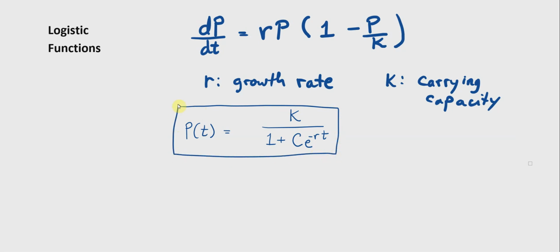There are a few important features here. If we take the limit as t approaches infinity, this part right here would go down to 0 or almost 0, and what we would get is K. So what does this mean graphically? Graphically it would look somewhat like this.